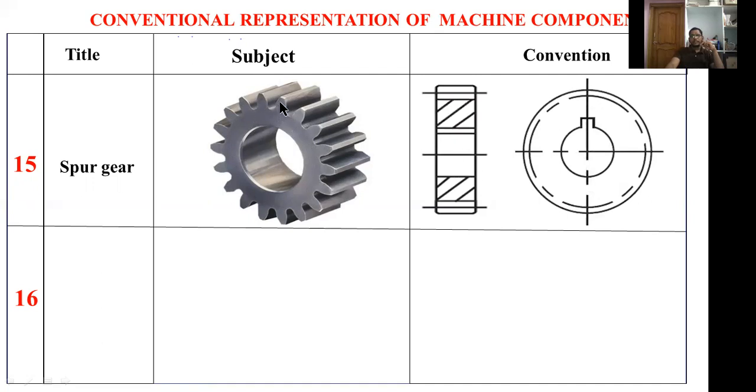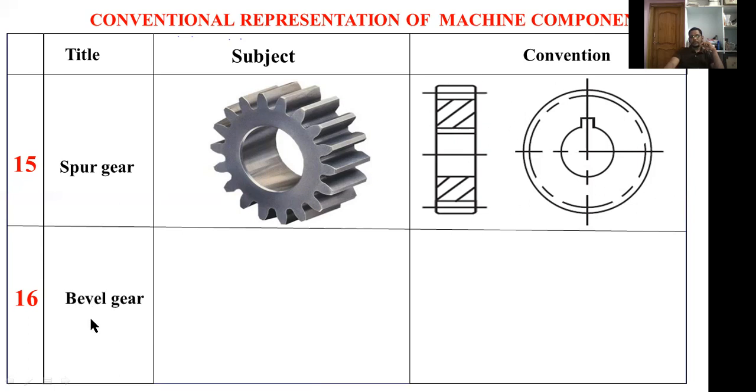It is very difficult to draw all the teeth on a drawing, so for saving our time, we are showing just a circle. This dotted circle represents the depth of the teeth. This hole represents this hole. This slot is used for the key. Now this is the example for a spur gear.